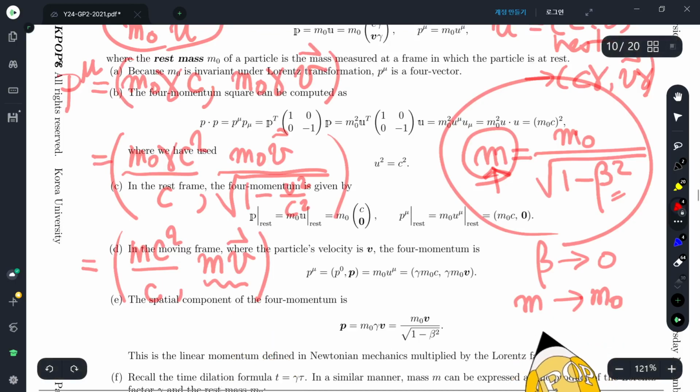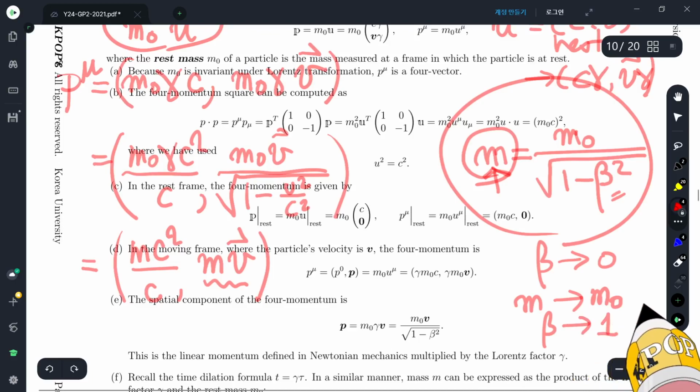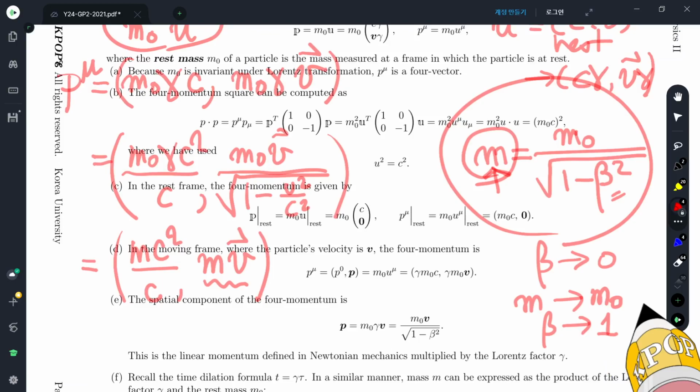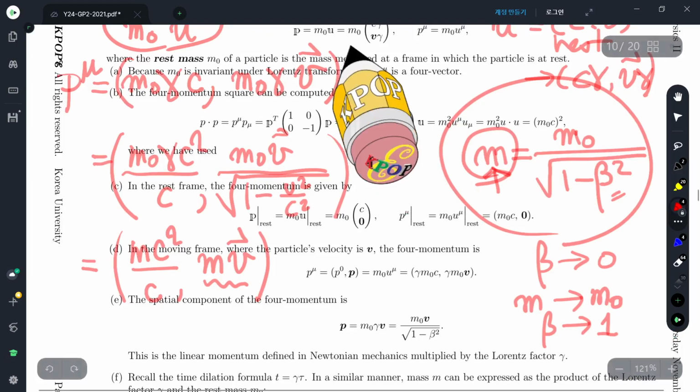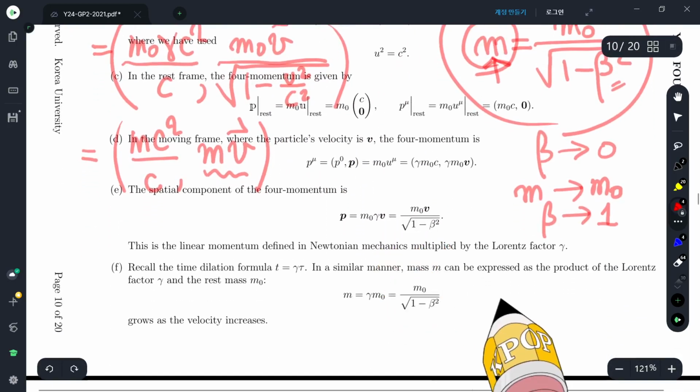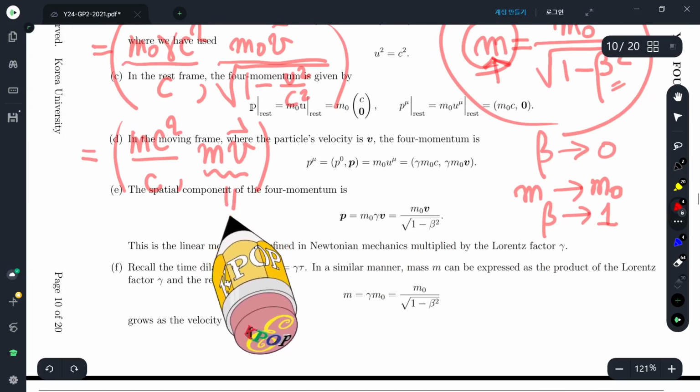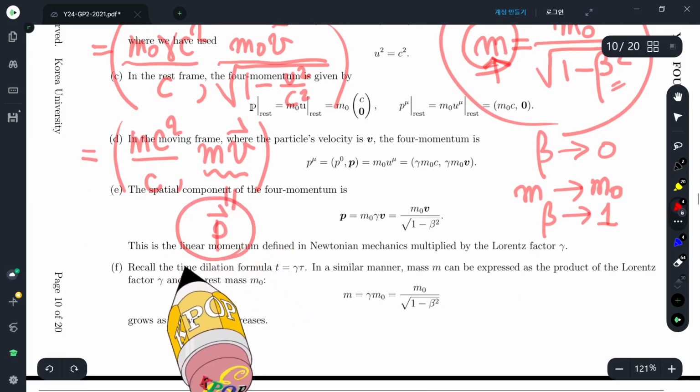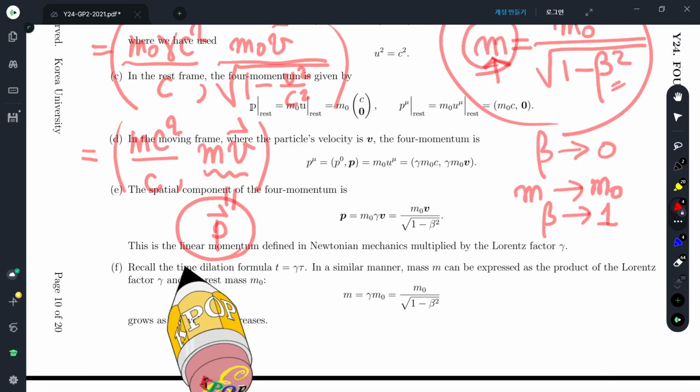However, in the region where beta reaches 1, in the extremely fast case, the non-relativistic theory completely breaks down. So we hope this is the actual momentum that we measure in the real world. In most cases, velocity is very small in comparison with the speed of light, and we can treat this as rest mass multiplied by the velocity.